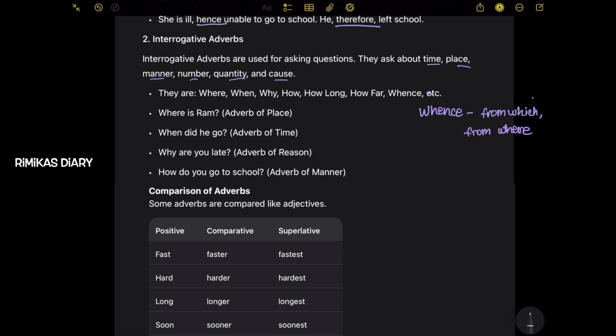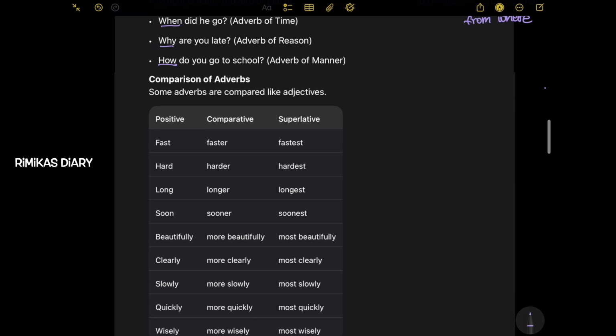Where is Ram? Here, adverb of place. When did he go? Adverb of time. Why are you late? Adverb of reason. How do you go to school? Adverb of manner.